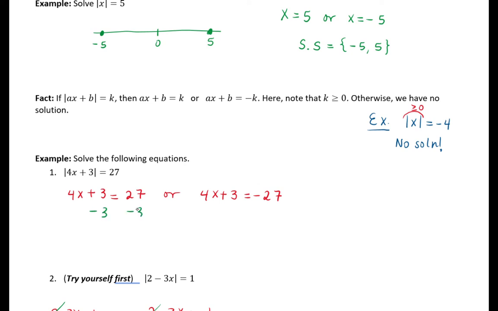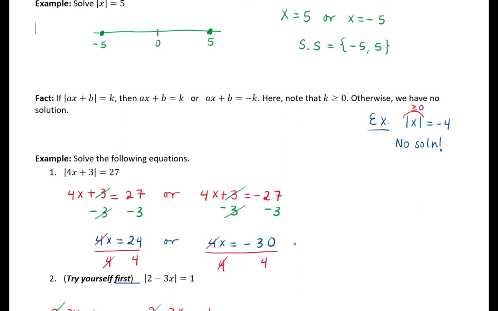Subtract 3 from both sides for both equations. These will cancel. So in the first equation we get 4x equals 24, or 4x equals -30. Then the final step, we divide both sides by 4 so that we get x.